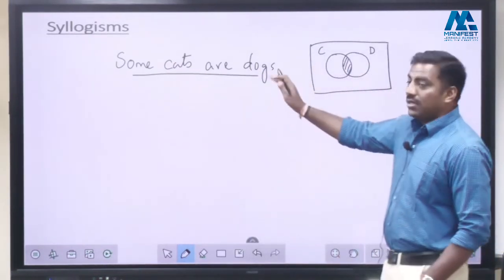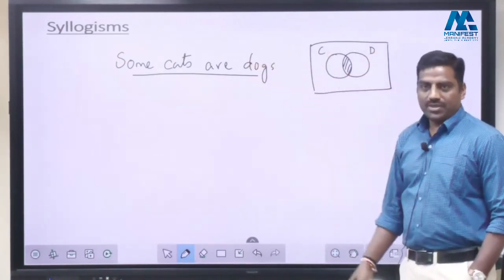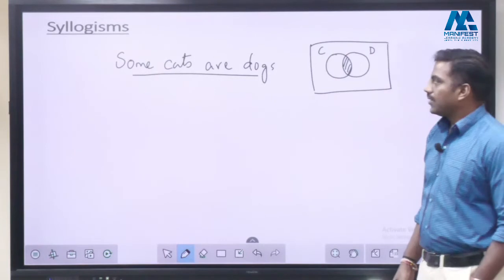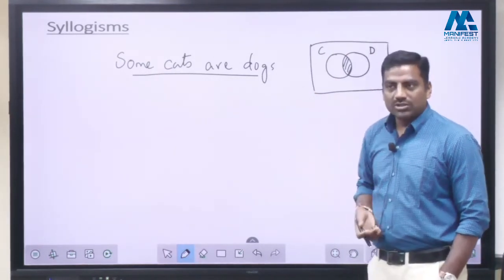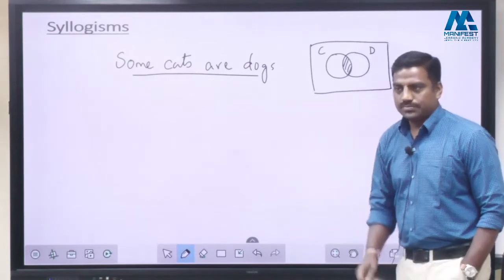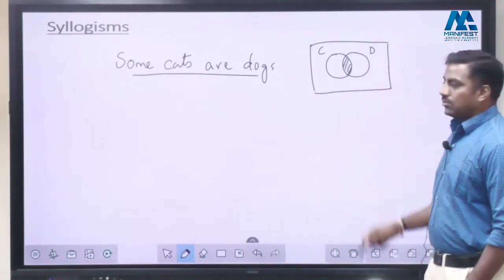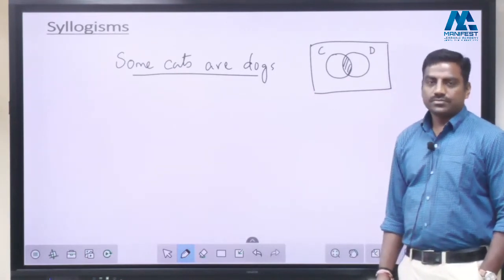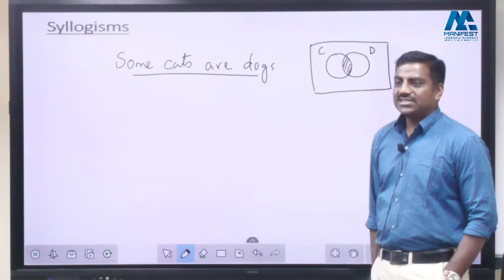Now upon this statement, I have drawn this diagram. Now I will go on telling the conclusions, and you have to tell me yes or no. When they say some cats are dogs, some dogs are cats? Yes. All dogs are cats?